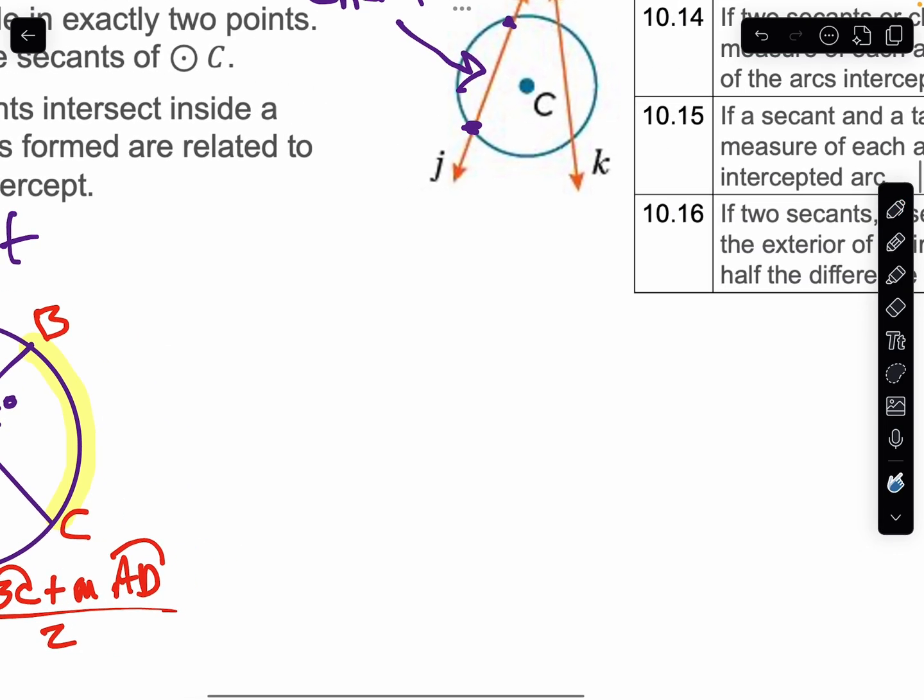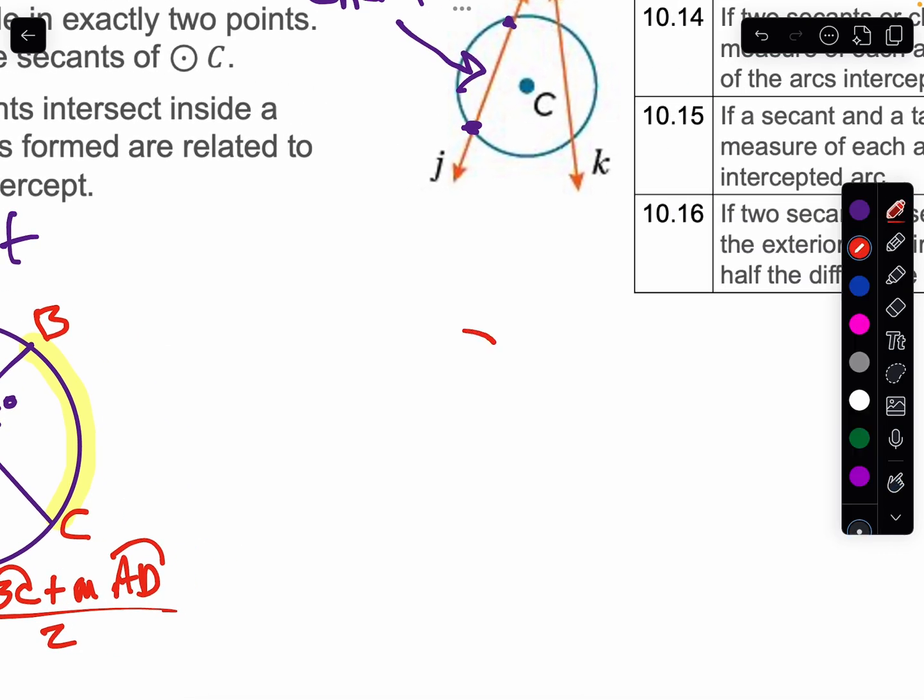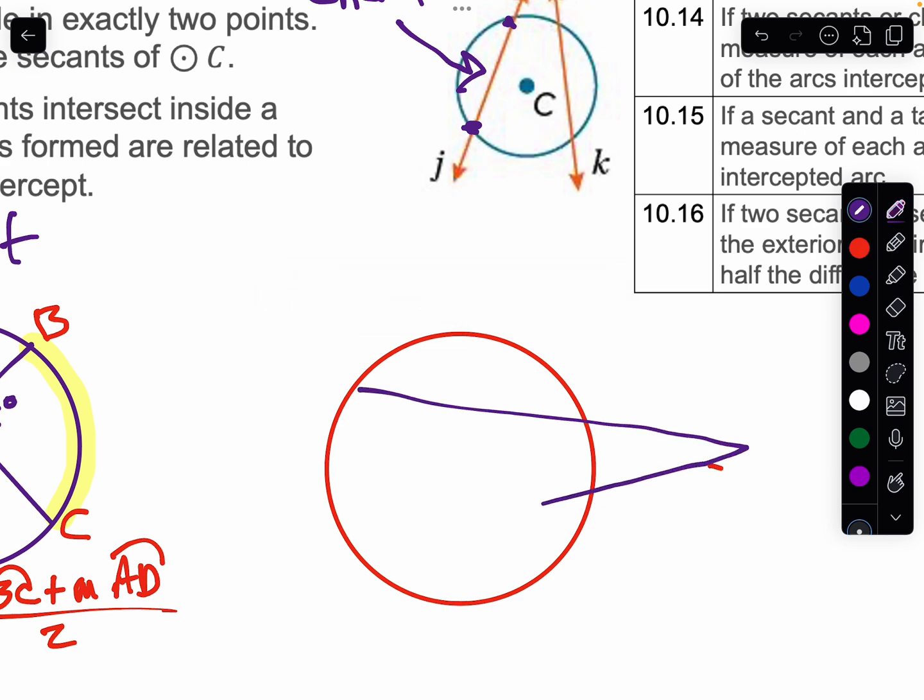And then if you have 2 secants and they intersect outside the circle, notice, call this X here again, I've got a big arc, I've got a little arc. Outside we subtract.